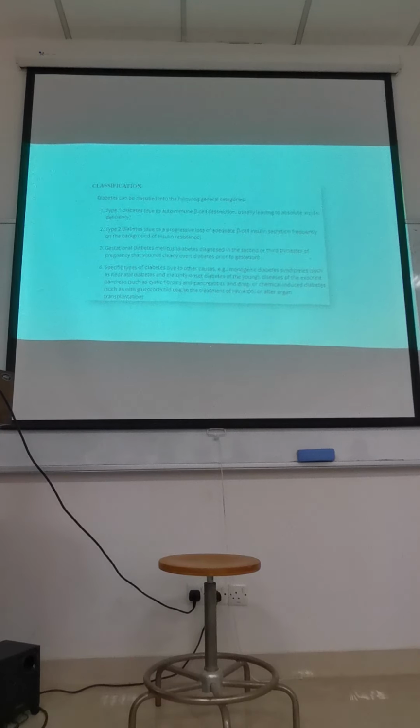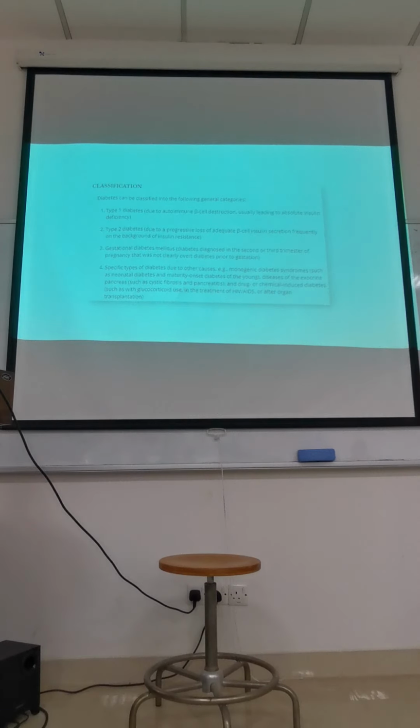Gestational. So gestational diabetes. So here you are seeing there are 4 types of diabetes: type 1, type 2, gestational, and other specific types. I am taking some medication, like one of them is methotrexate, a medication that actually damages my beta cell, right? Methotrexate is used for many reasons.